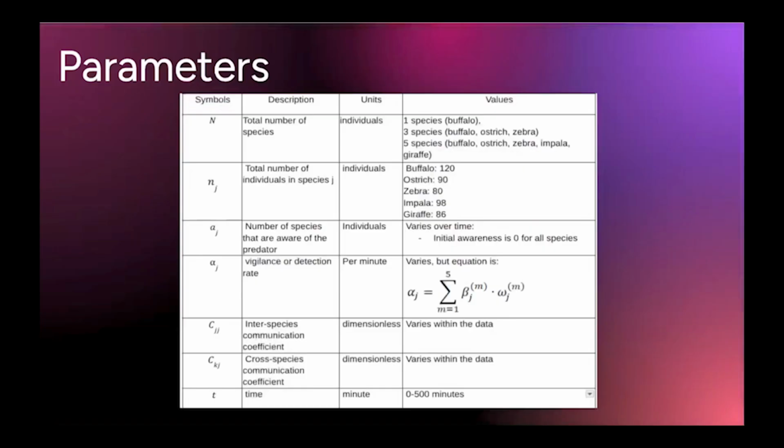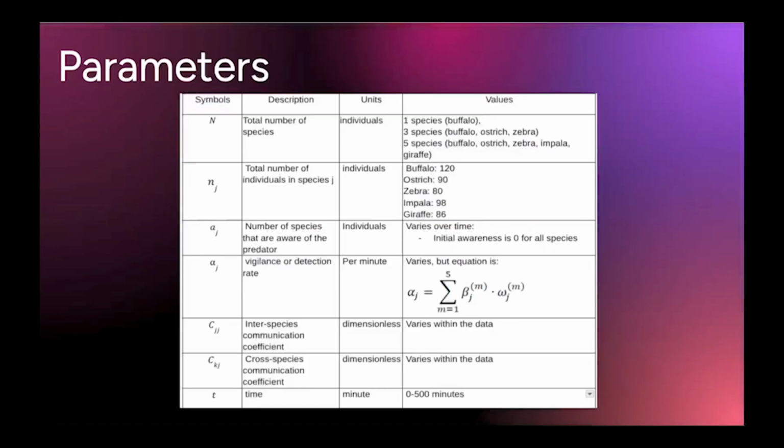Next, we have the communication rate, C_jj, which measures how well awareness spreads within the species, for example, a buffalo warning other buffalo, and C_kj, which measures cross-species communication, for example, a zebra responding to an ostrich alarm call.